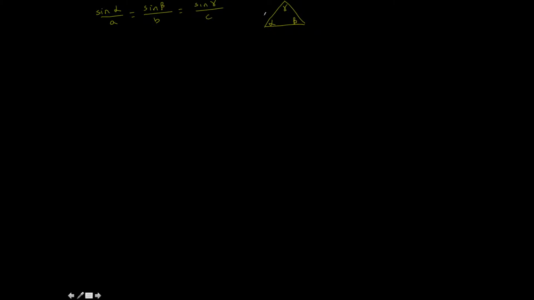Now of course it can be rearranged any way we want. We can put these angles any way we want, but side B will always be opposite of beta. Side A would always be opposite of alpha, and so on. Okay? So keep that in mind.